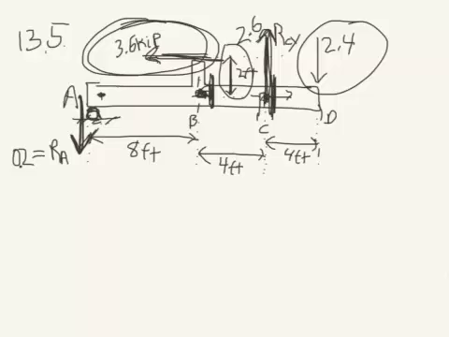The question says exactly at point C. So that means that since this force, the 2.6 kip at point C is going through that point, there's zero moment arm, so zero moment from that 2.6 kip. So we're still just looking at the 3.6 and the 0.2 over here. But it's not going to be the same value as at B because the moment arm is increased.